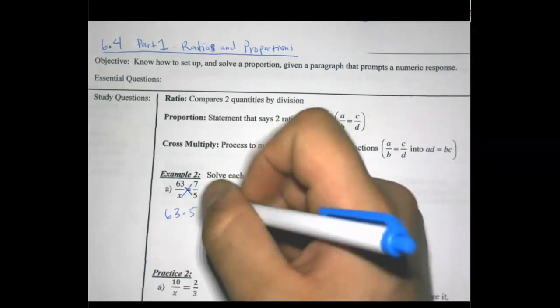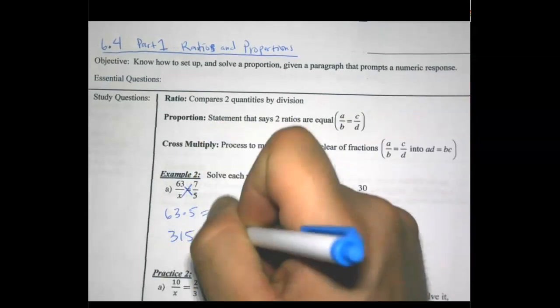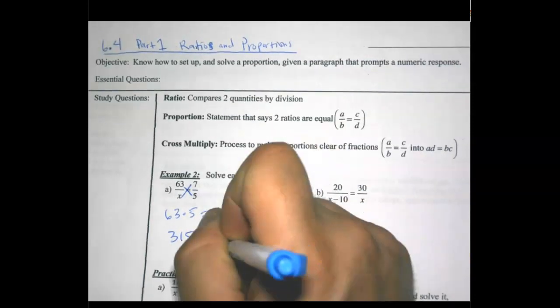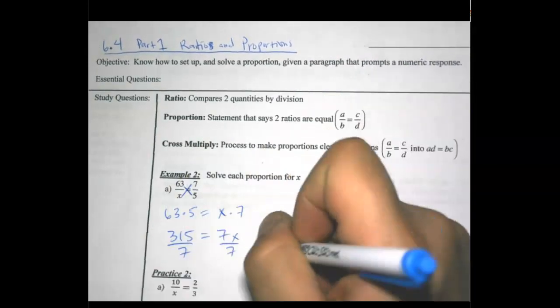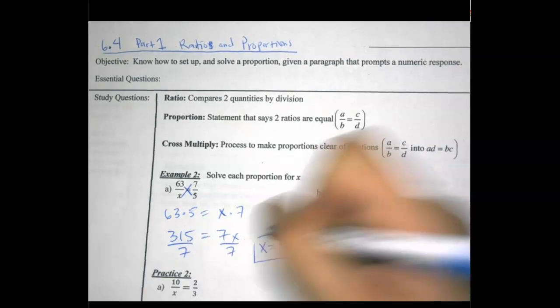So 5 times 63, 315 equals 7x. Divide both sides by 7, and you'll have the answer. You should get 45. 7 times 45 would be 315.